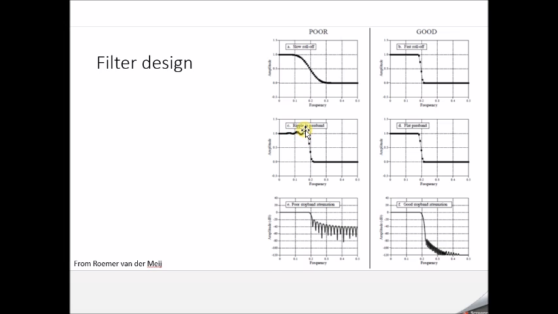The 8 Hz or the 0.18 and 0.19 Hz frequency components are attenuated a bit differently, and that's not ideal. We would want all of these components to be treated the same, which is what we see on the right here, where there is no gain or attenuation for any of these low frequency components.